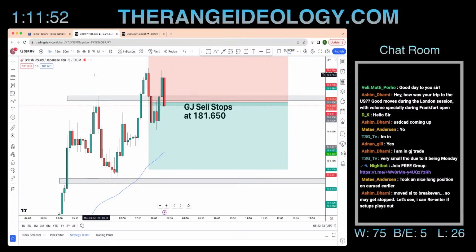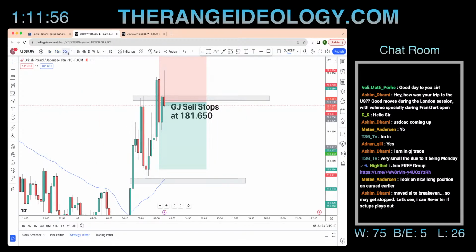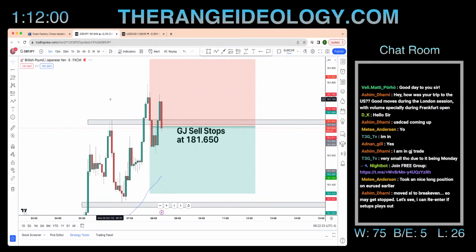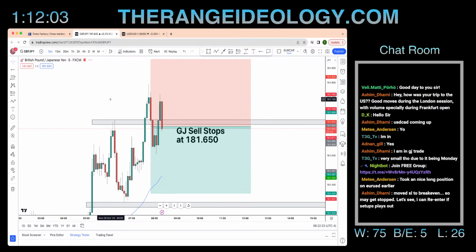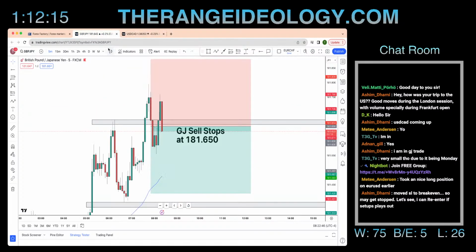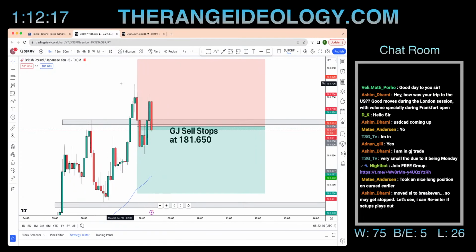All right, so GJ is right around the break-even point, pushing down into profit now. The nice bearish candle there, but no top wick. Oh wow, look at that strong push from GJ.